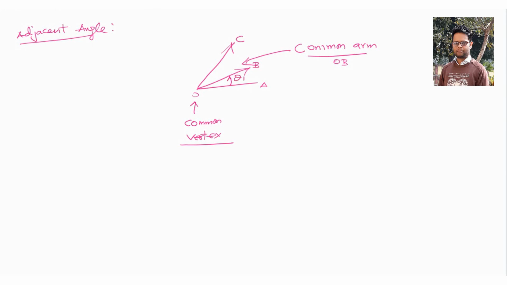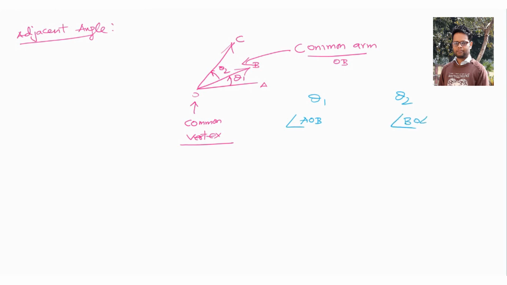This one is called theta 1 and this one is called theta 2. Here one vertex is there, that is called vertex O. Theta 1 is called AOB and this one is BOC.